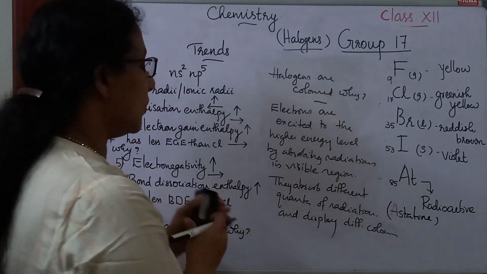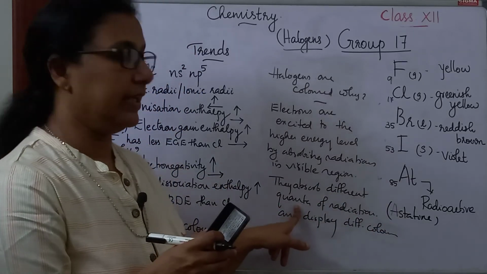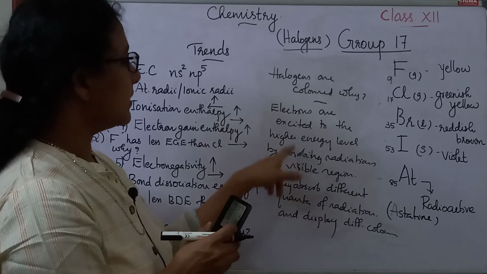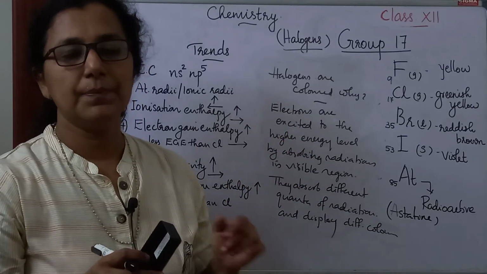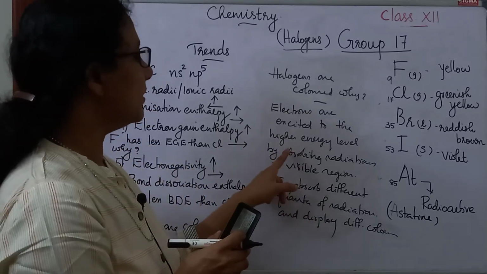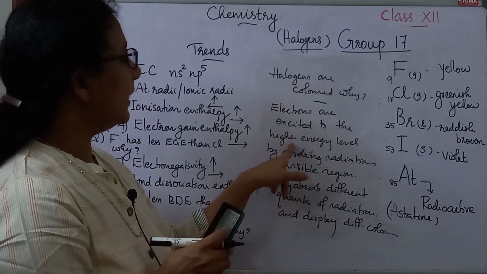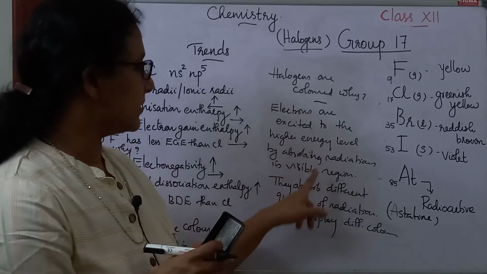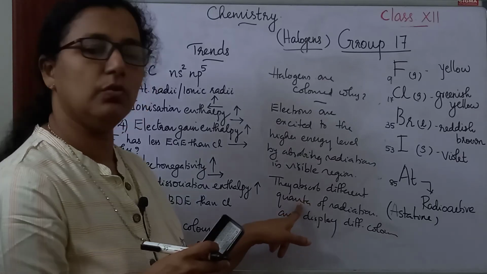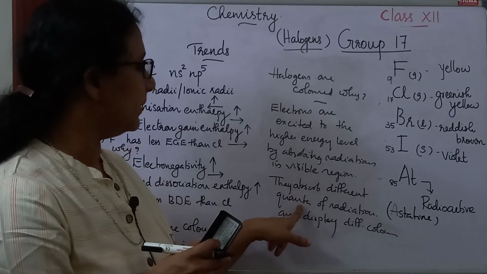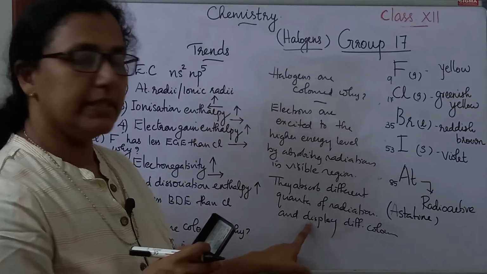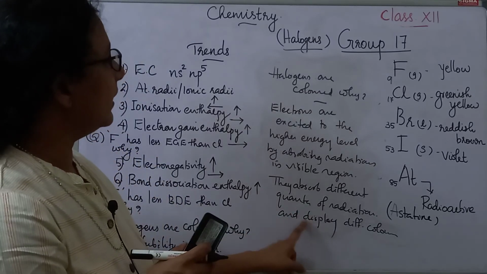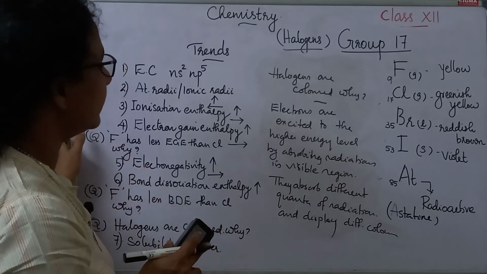Since they are absorbing different quanta of radiation from the visible region, the electrons in the outer shell absorb energy from the visible region and are excited to a higher energy level. Since they are absorbing different quanta of radiation, they display different colors. That is why halogens are colored in nature.